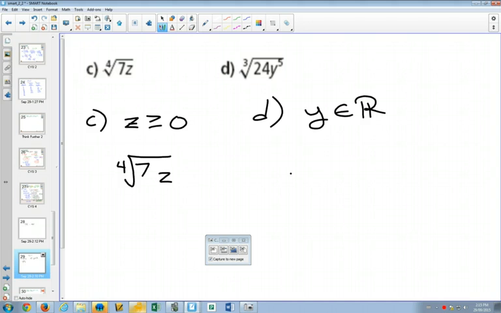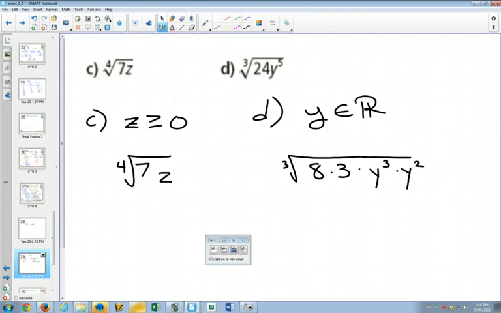And for simplifying this, does one of your perfect cubes divide 24? 4 isn't a perfect cube. 8 is. It's 8 times 3. And in order to pull out a y with a perfect cube, you would need 3 of them. Can you see that I can write y to the 5 is the same as y cubed times y squared?